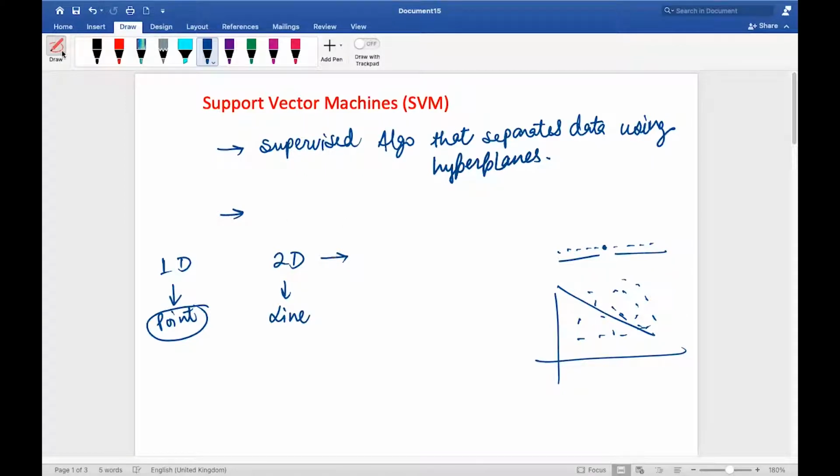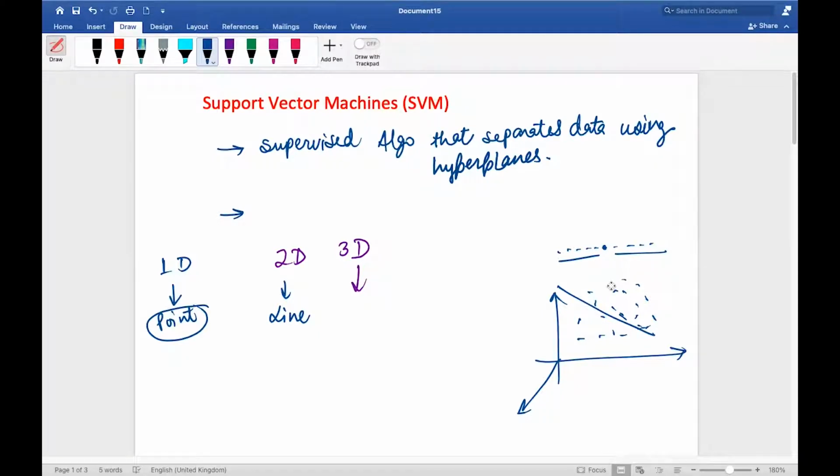What about 3D? A plane, as someone said correctly, if there is a third dimension. You understand this was 2D, with multiple such points.